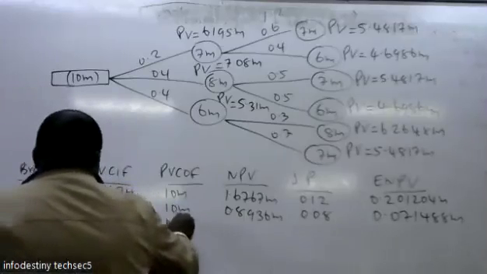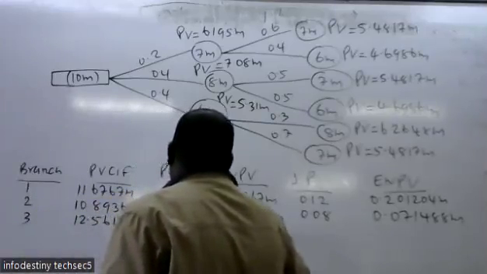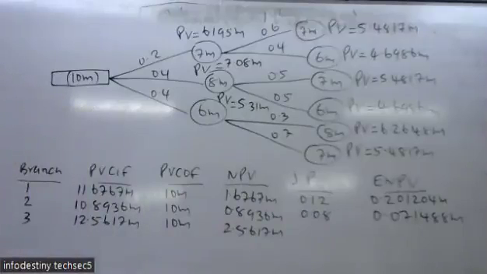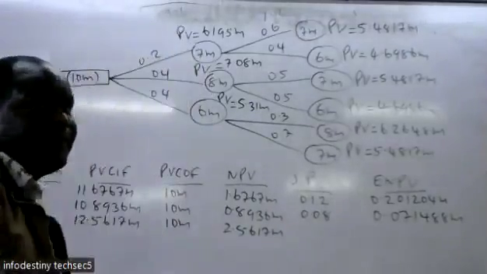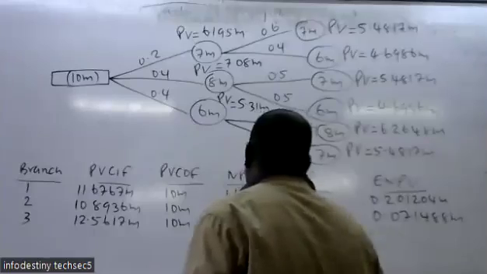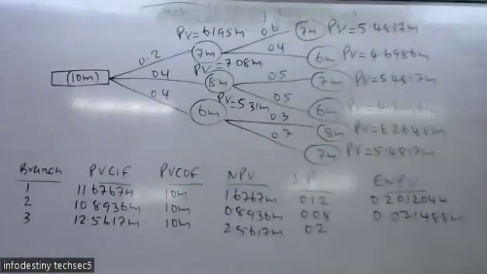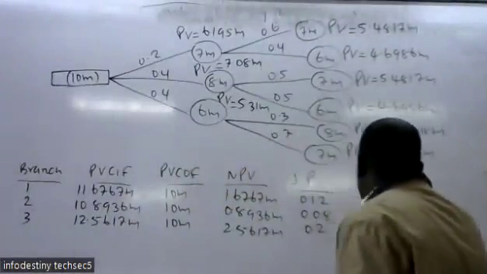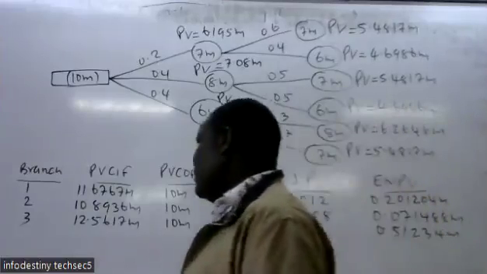This one is still 10 million, which means it is 2.5617 millions. So joint probability, you multiply 0.4 by 0.5, which is 0.2. So also multiply that 2.5617 by 0.2, which gives 0.51234. So that is now our branch 3.